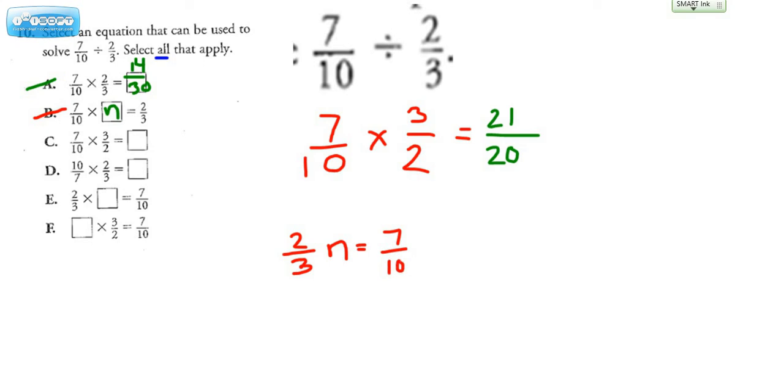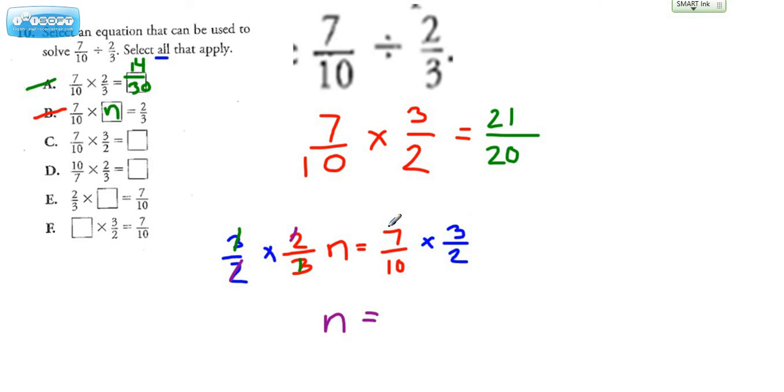We would multiply both sides by the reciprocal of the coefficient. So the reciprocal of this is 3/2. And let's put it over here, 3/2. And this would all cancel out. The 3's would cancel out. The 2's would cancel out. It would all equal 1, and 1 times n is n.